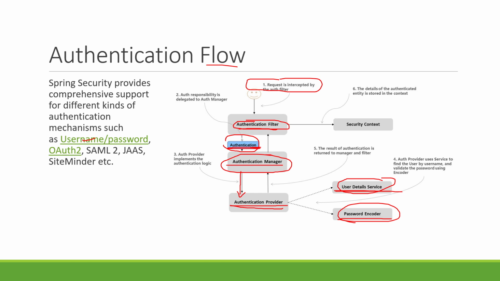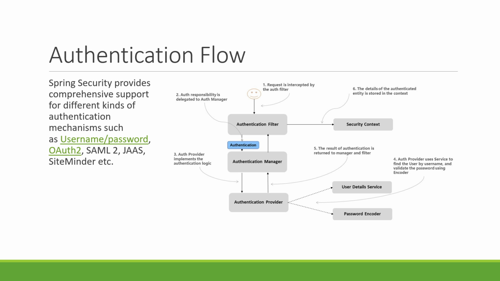Okay. So after everything is finished, if it passes, let me go back. If it passes, then it goes back to here, and when it goes back, it also populates this authentication. Now this authentication will contain all the details about the currently logged in user, the username, the authorities, okay.